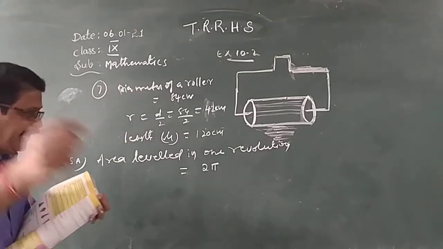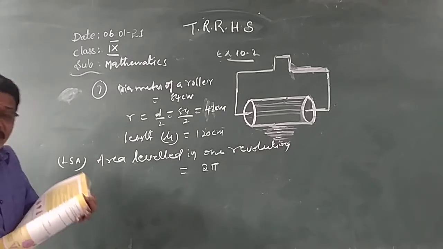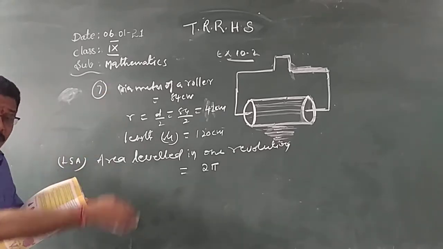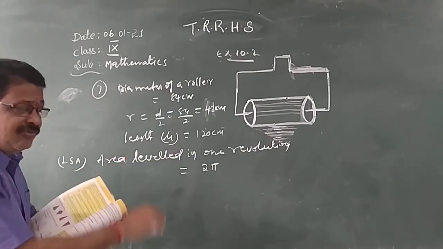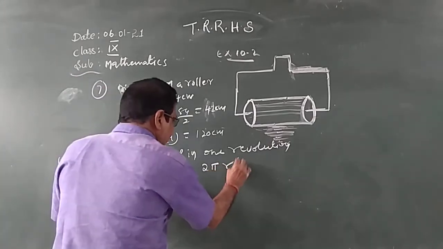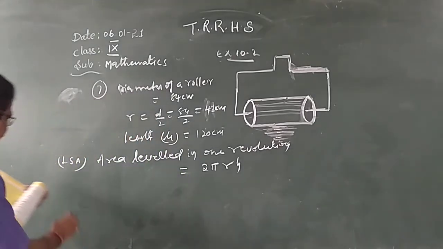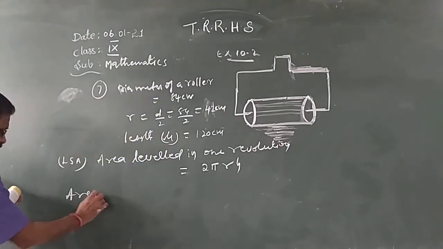The area leveled when the road roller rolls in one complete revolution is 2 pi r h. How many revolutions? 500.